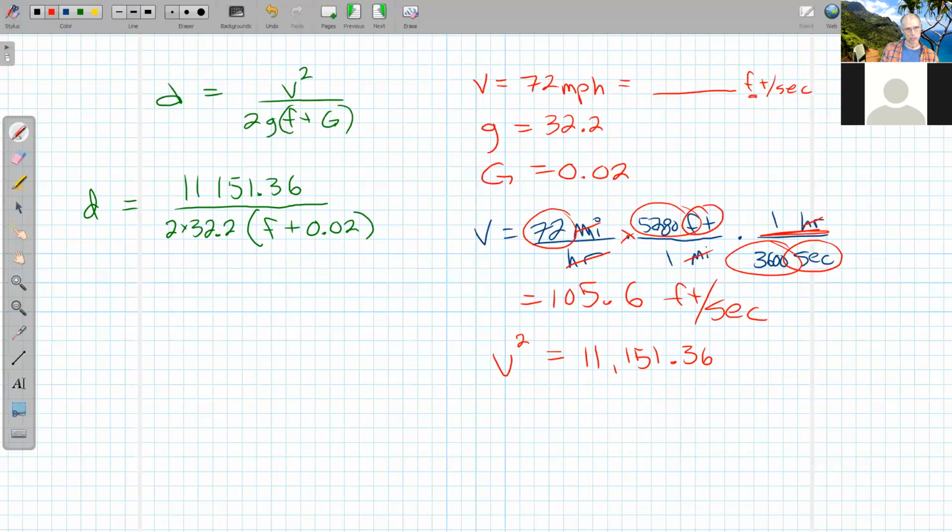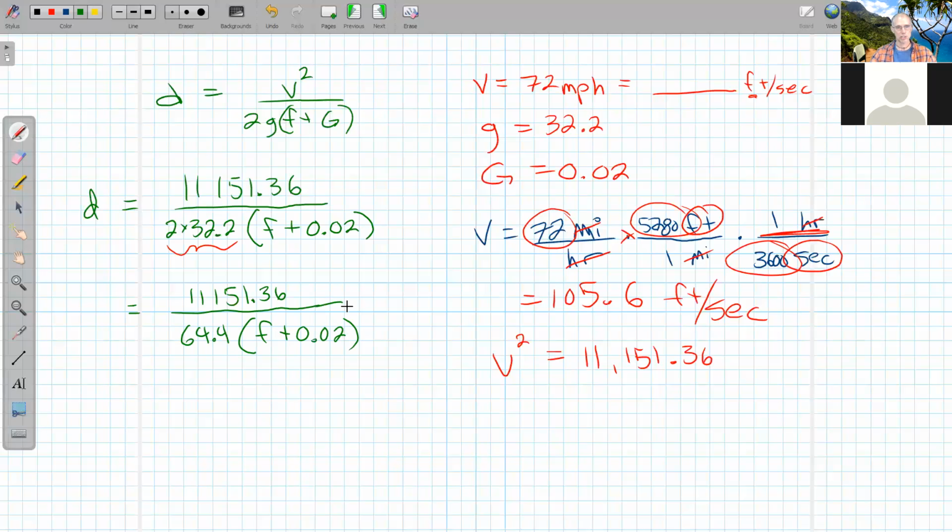The first stage in cleaning is to do that multiplication. In my denominator, 2 times 32.2 is 64.4, parentheses, F plus 0.02.